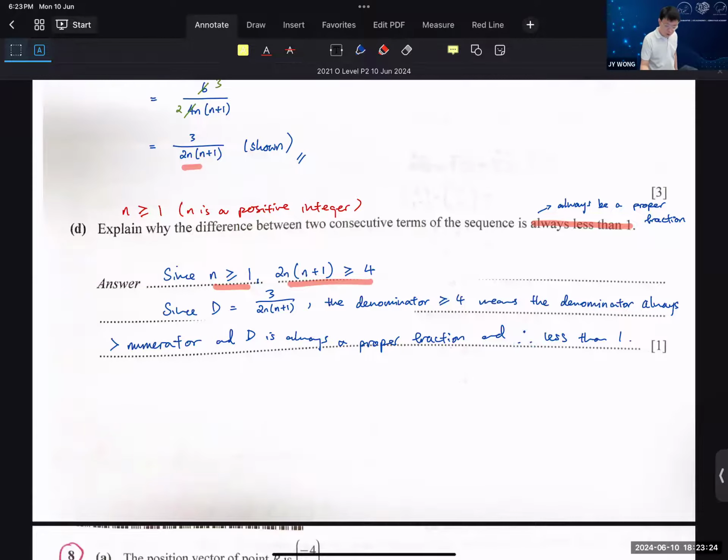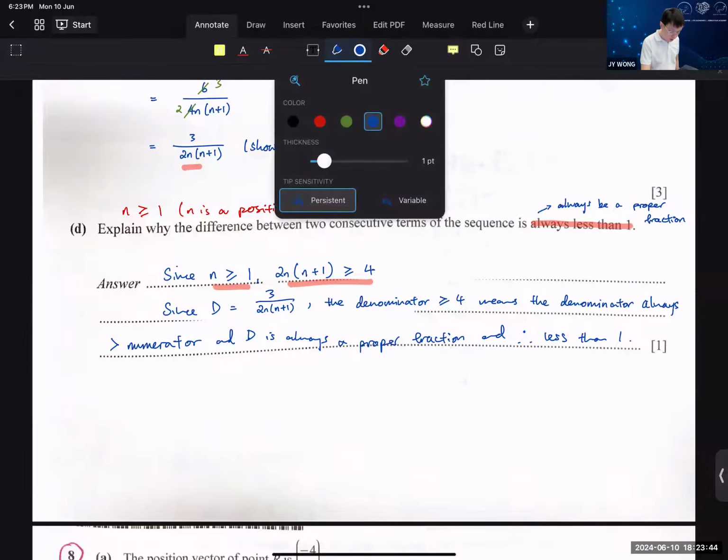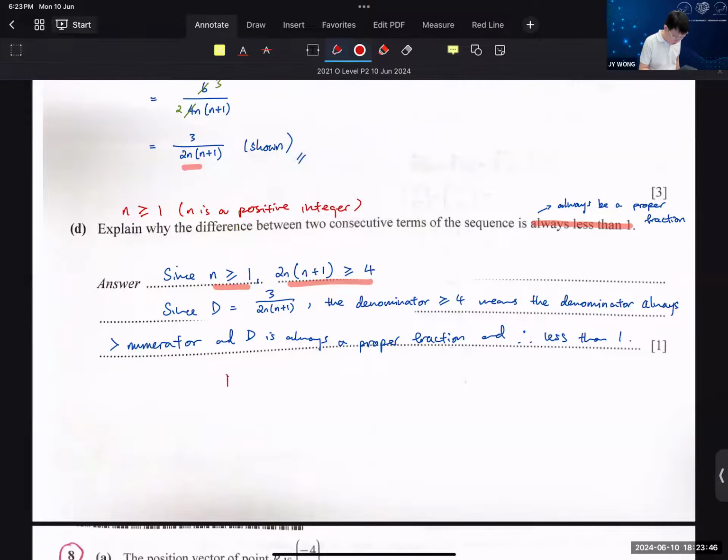Students always struggle with explaining questions. Thankfully, it's a warm-up question, so even if you don't know how to explain it, it doesn't matter. If you want to be a bit more specific, you will realize that your d, in this case, cannot be equal to 1.